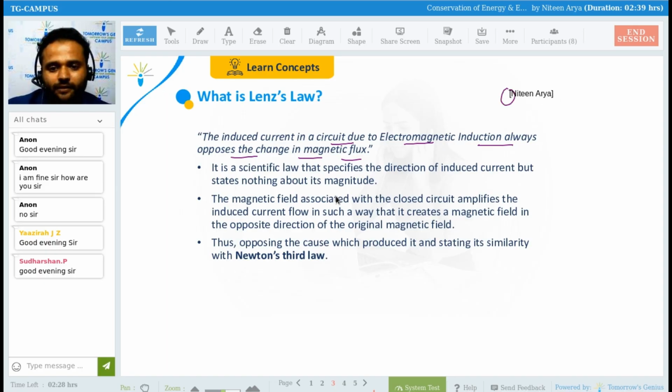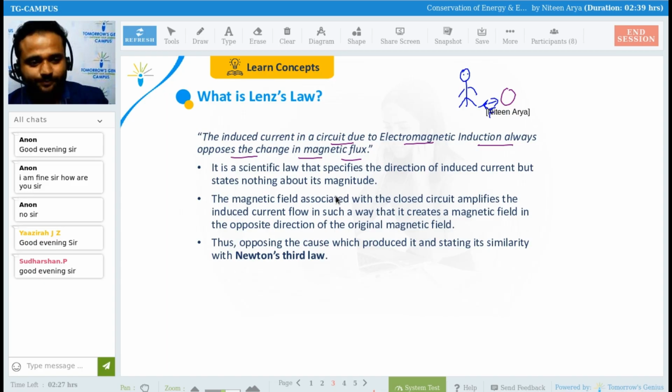For example, if there is a ball here and you are going to kick this ball. In this physical health you cannot kick it, but assume that you are going to kick this ball. Whatever force you apply with your leg, the same force is applied on your leg in a reverse effect by the ball.